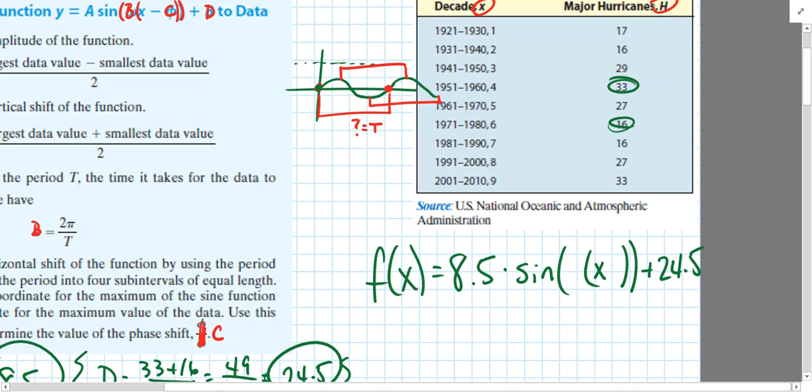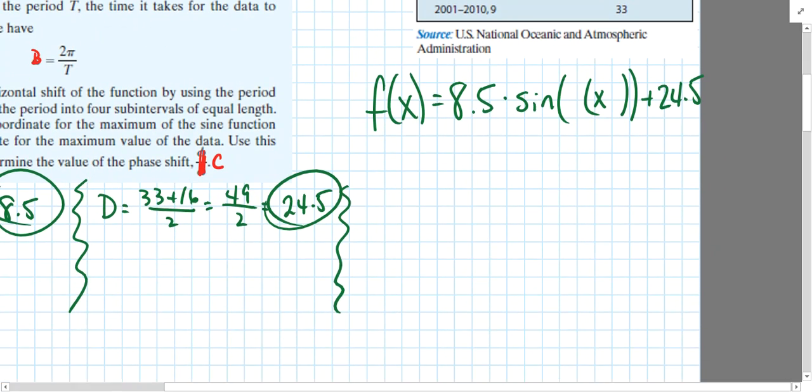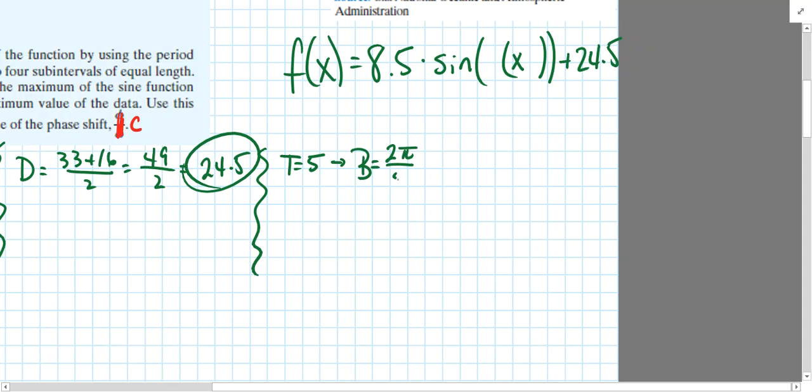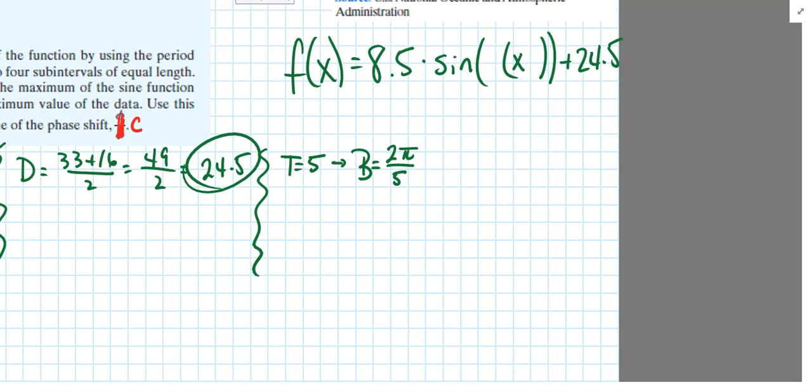So I'm going to say that T is equal to 5. Now, if T is equal to 5, then we know that our b value would be equal to 2 pi divided by 5. And we'll enter that result here, 2 pi divided by 5.